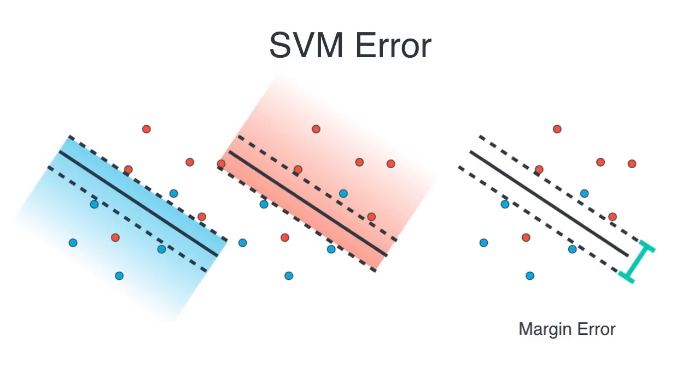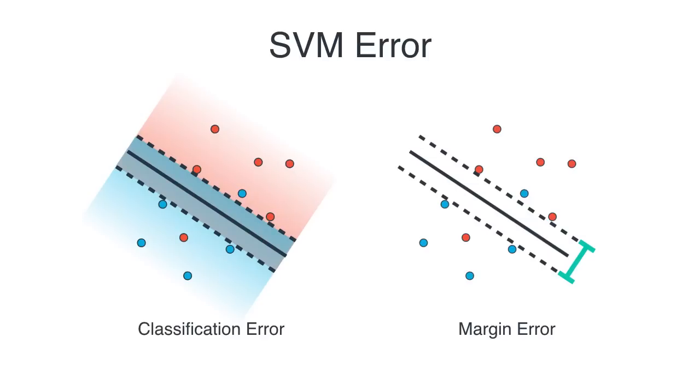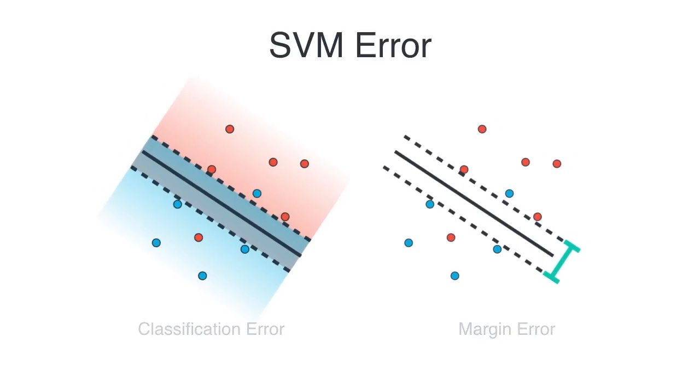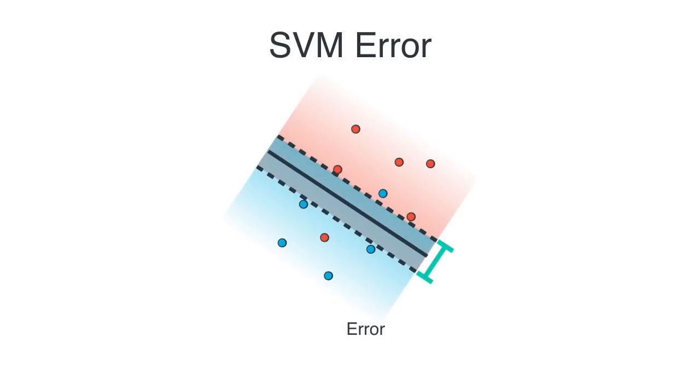So the red and the blue get together to form the total classification error, which tells us how many points are misclassified and how badly they are misclassified, and then the margin error that tells us if the lines are far apart or close by. And these two get together to form the total SVM error. So that is the error in a support vector machine, the one that we're supposed to minimize.